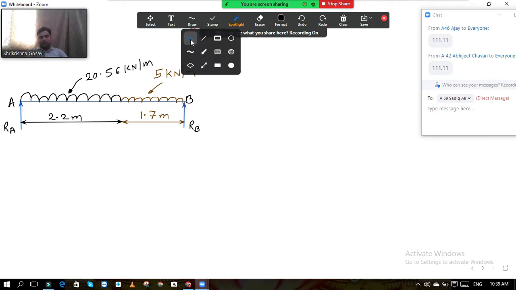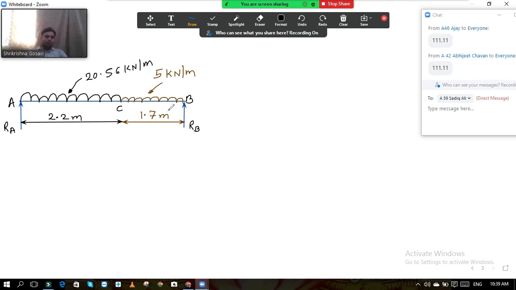If I name this point C, then from A to C the UDL is 20.56 and from C to B the UDL is 5. If this 20.56 UDL were continued on portion CB also, then it would be very easy: WL square by 8 would give the maximum bending moment.